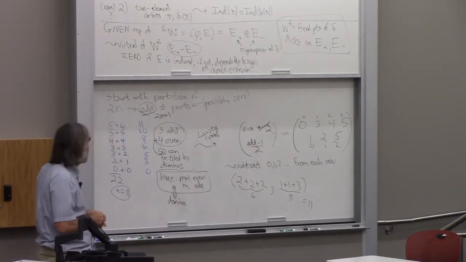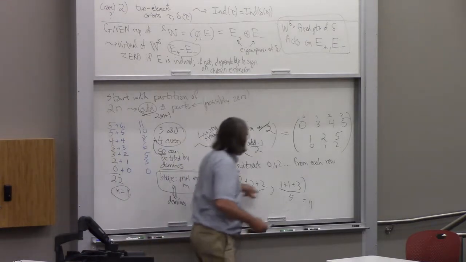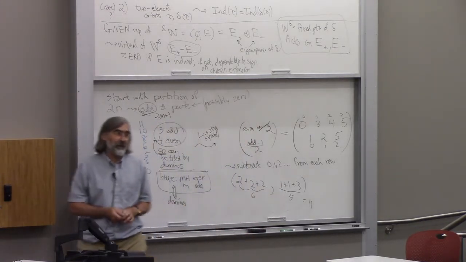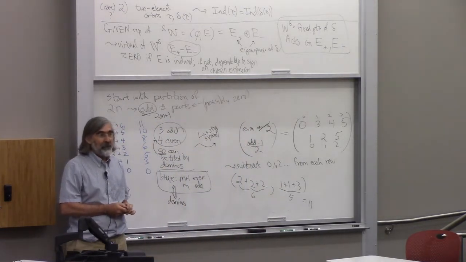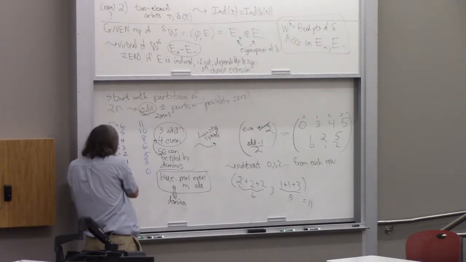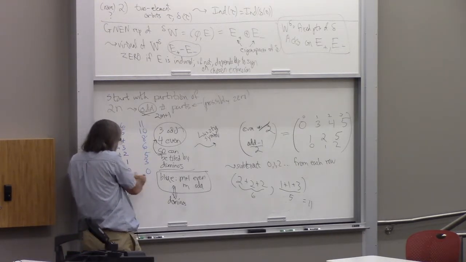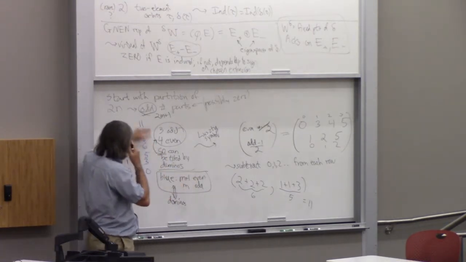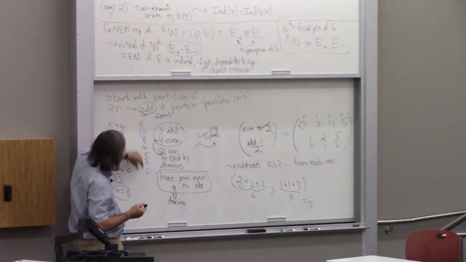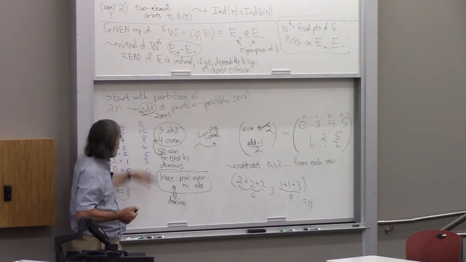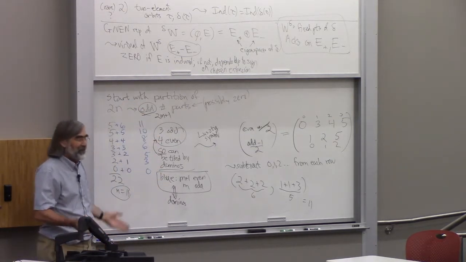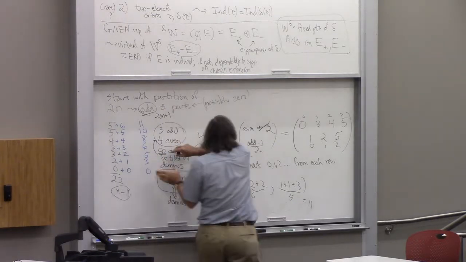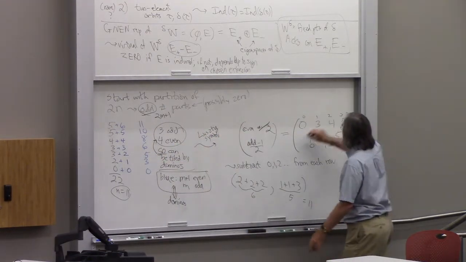So this is the pair of partitions of sizes adding up to 11. I started from this partition of 2n. I claim that the condition of being tileable by dominoes is that when I do this, I get this condition on the row sizes, and then you record the even ones and the odd ones.